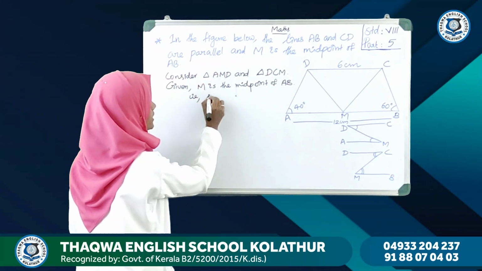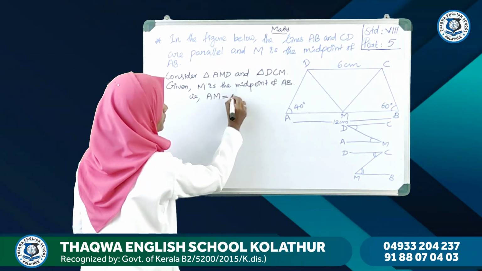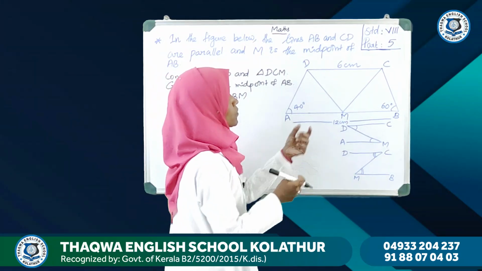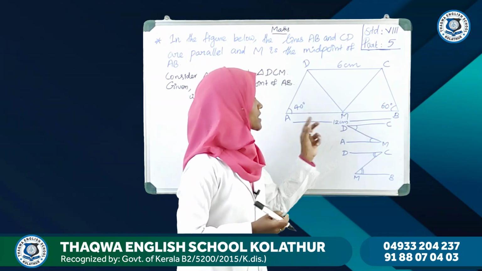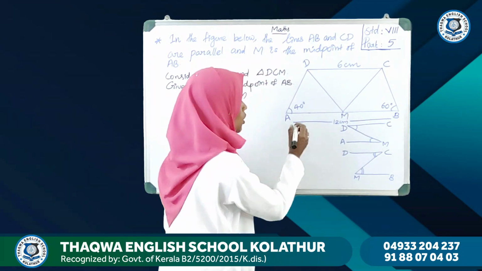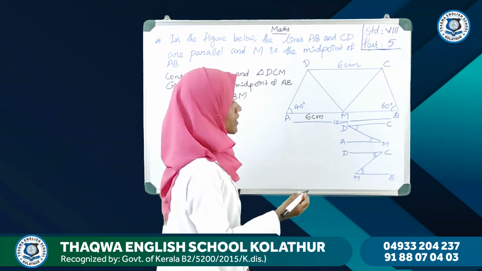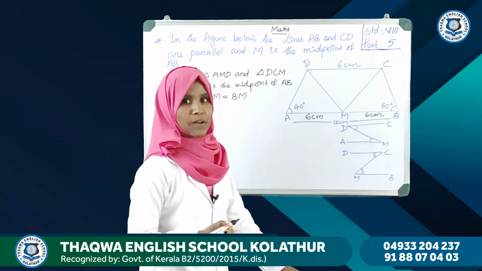That is, we can write AM equals BM or MB. Now the length of CD is 6 centimeter. Here M is the midpoint of AB, so the length of AM is 6 centimeter and BM is also 6 centimeter.